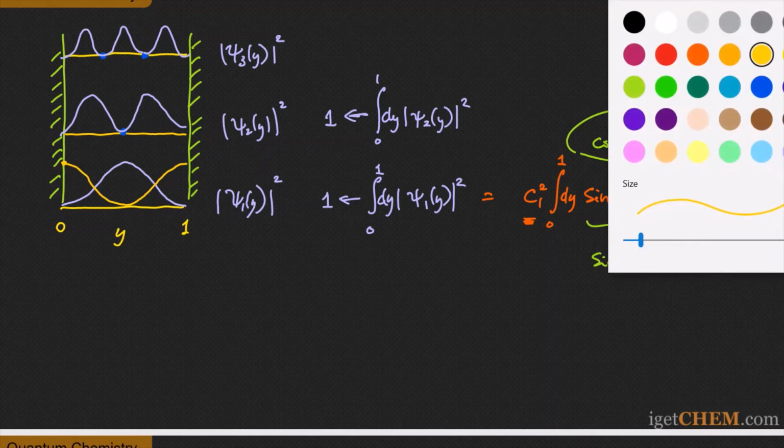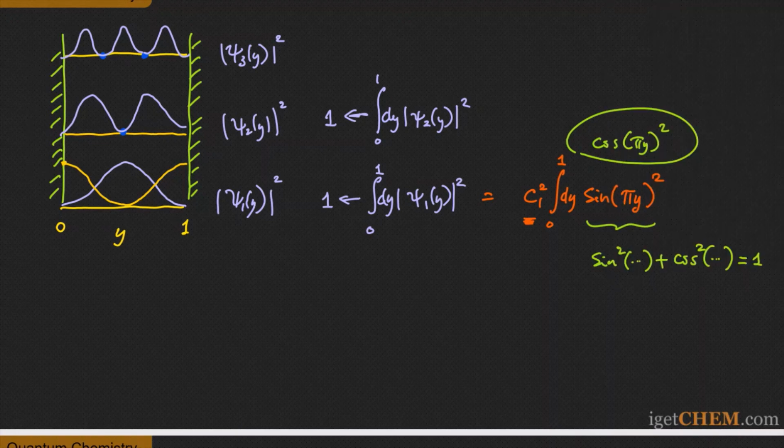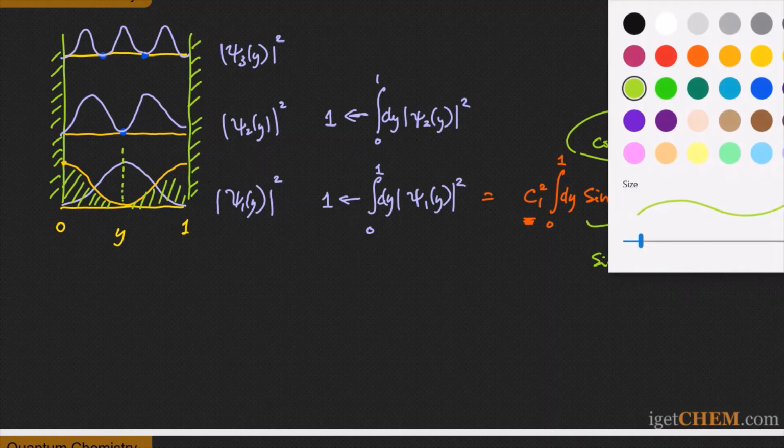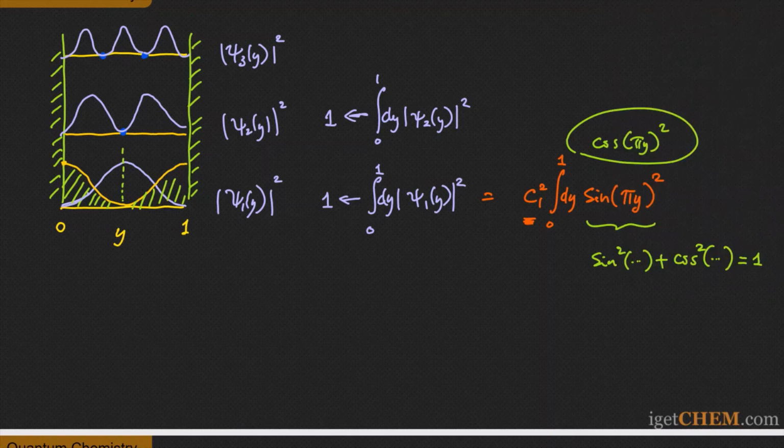Now, of course, if you look at that function and you cut it in the middle, you see that whichever is on the left side of the area under the yellow curve is exactly the same as what is on the right side of the yellow curve. And similarly, if you look at this original sine squared function, whichever is on the left side must be equal to whichever is on the right side.